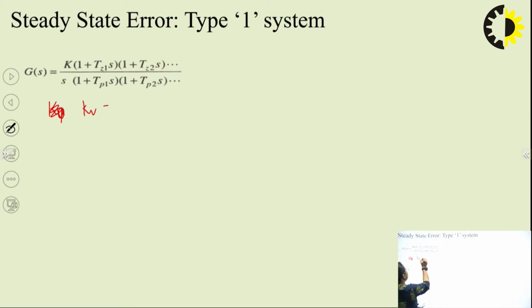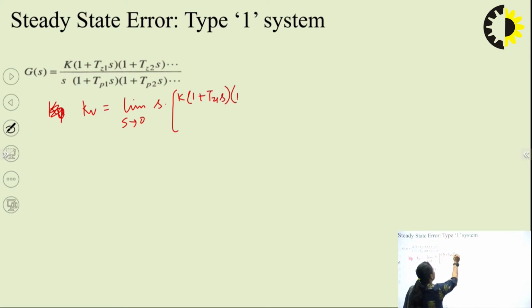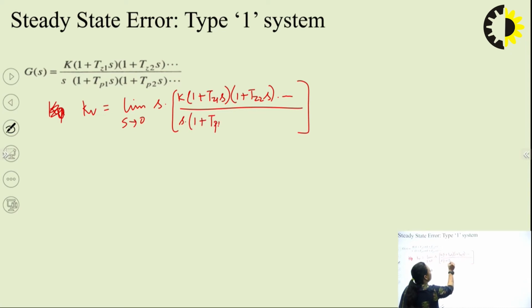Limit s tends to 0, and s into G(s) is K into (1 plus Tz1 into s), (1 plus Tz2 into s), and so on, upon s into (1 plus Tp1 into s), (1 plus Tp2 into s), and so on.